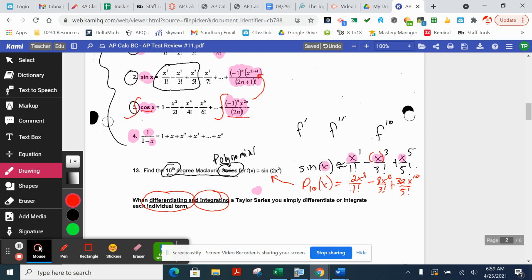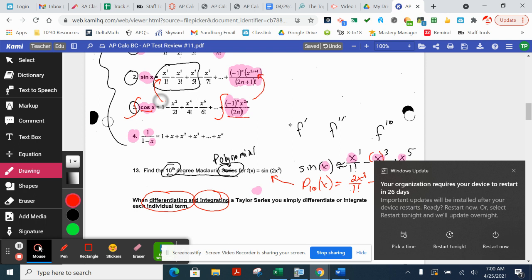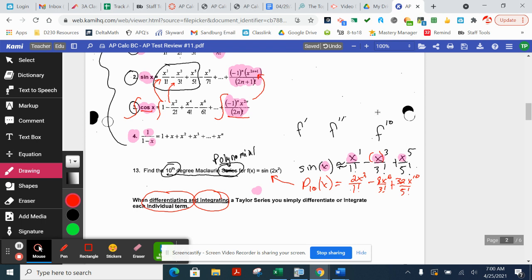And you just happen to get the sine. The antiderivative of 1 is x, which is still x to the first over 1 factorial. The antiderivative of x squared would give me x cubed, divided by a 3 factorial, which then gives me 3, 2, 1. So just understand, as long as we have equivalent statements, whatever I do to one side, I can do to the other. We've done derivatives, we've done antiderivatives with those.